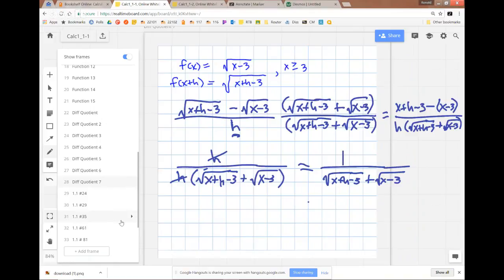So you said we had to get the h off the bottom, but there's still an h. Well, yeah, and this one's okay because where we're headed is we're going to take the limit of this whole thing as h approaches 0, and as h approaches 0, I can't have a denominator of 0. So the original form here with an h on the bottom was no go. But this h is okay because as h approaches 0, that'll just be the square root of x minus 3 plus the square root of x minus 3.